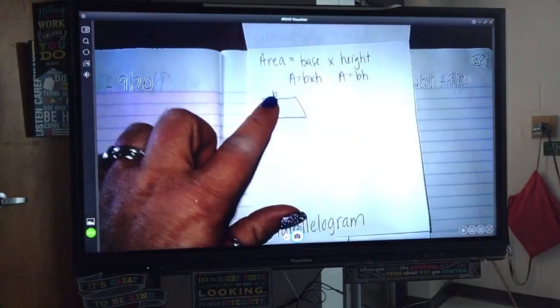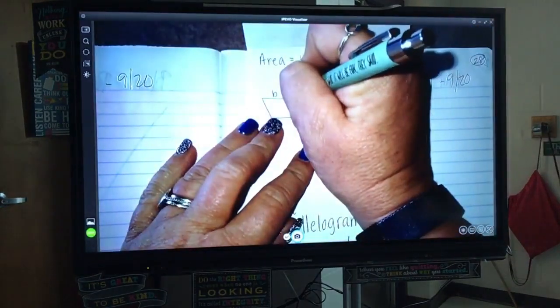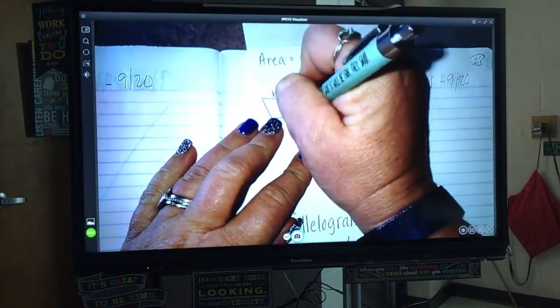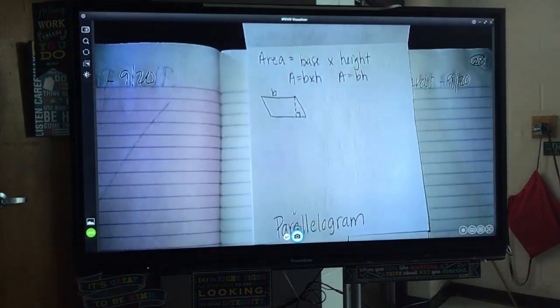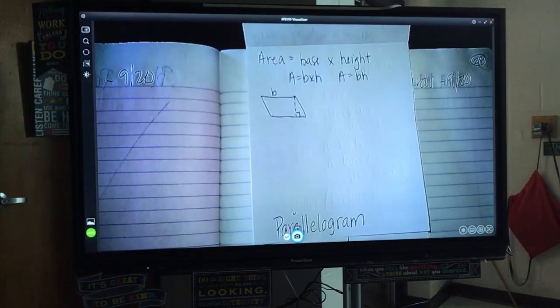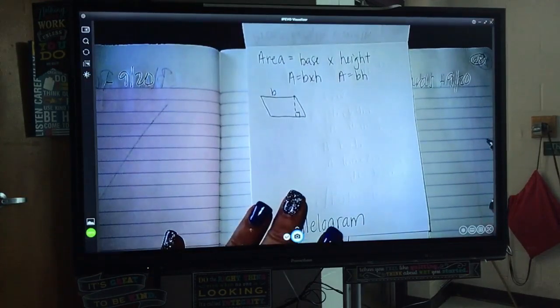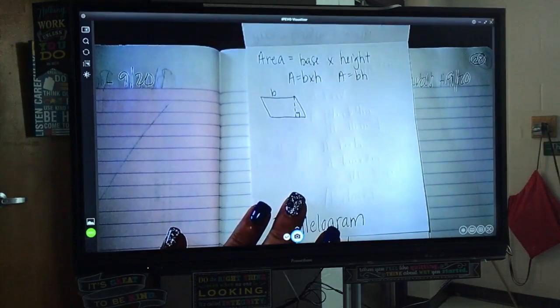So again, we're going to identify this as our base. Then you can have a dotted line that has a little square in the corner. Raise your hand and tell me what that means. Christian? A dotted line means that instead of being slanted, it will be straight, and the square represents 90 degrees.